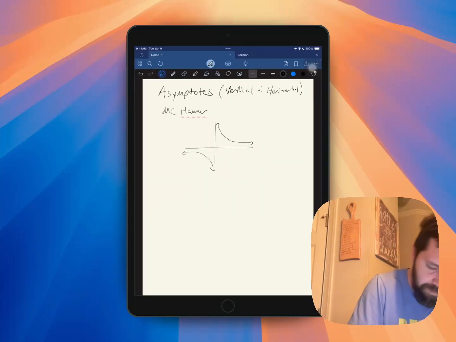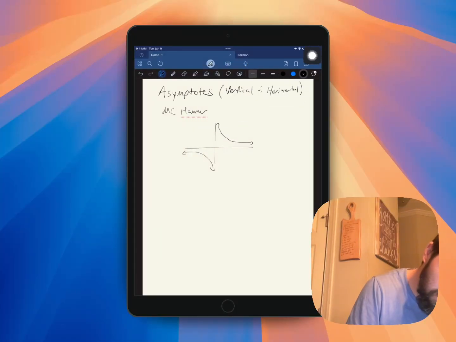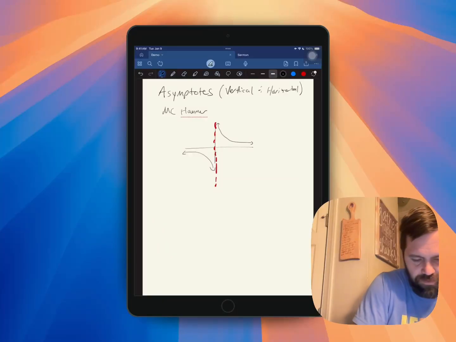you can't touch this. So the asymptote here is, let's change the color and maybe make our line thicker. So this is the asymptote, and the line will never touch it, right?